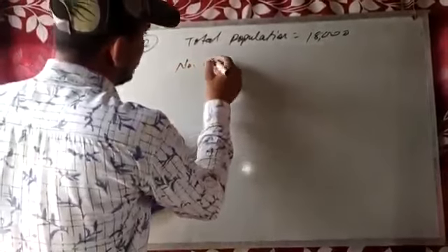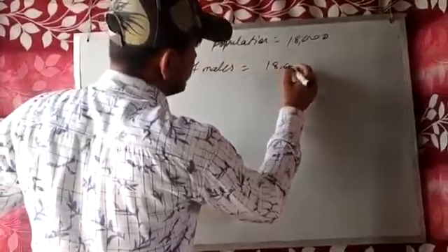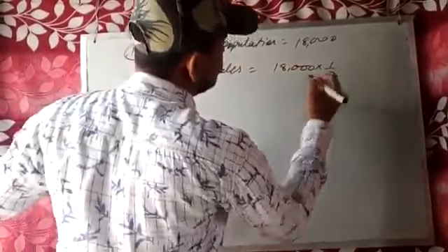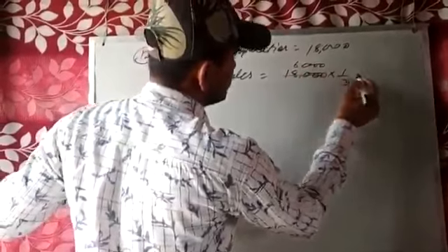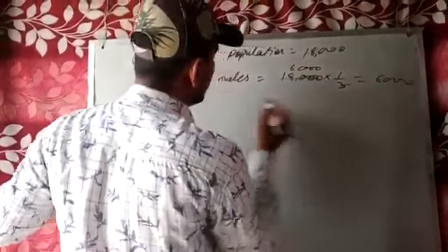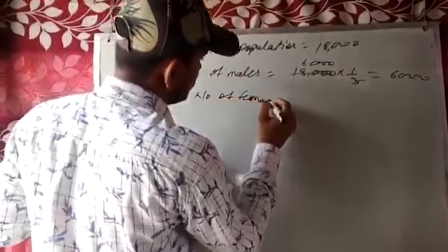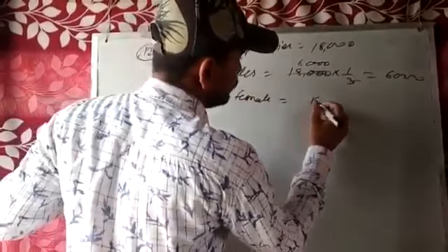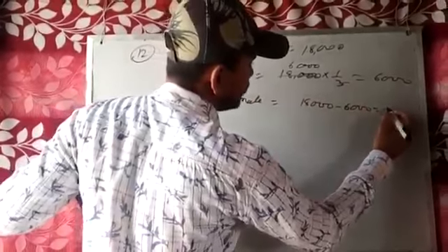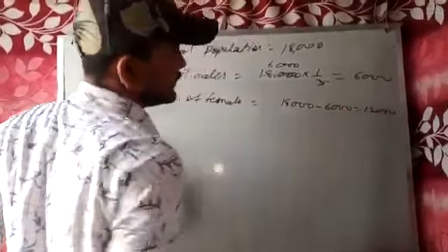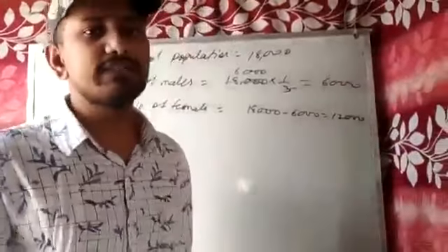So the number of males is 1/3 of the whole population, that means 6,000. So the number of females is equal to 18,000 minus 6,000, which is 12,000. See, if 6,000 are male, then the remaining 12,000 are female.